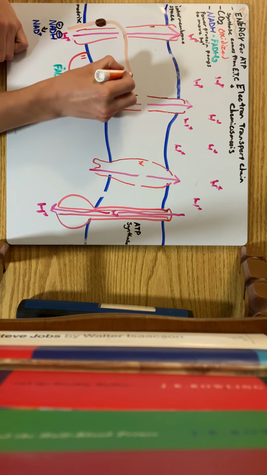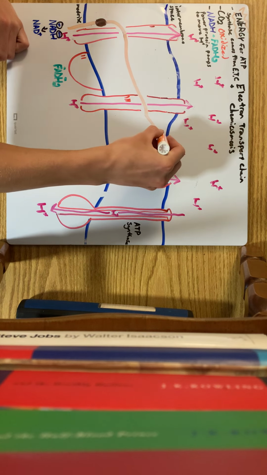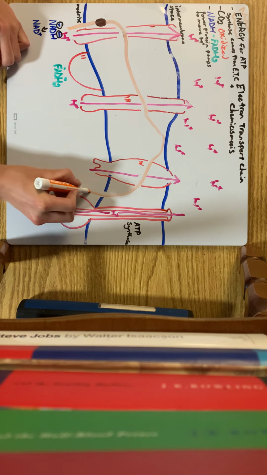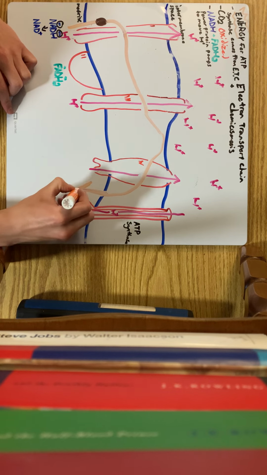The orange chain will come up, higher energy, and then start to decrease. And we'll see later what the product of this is.